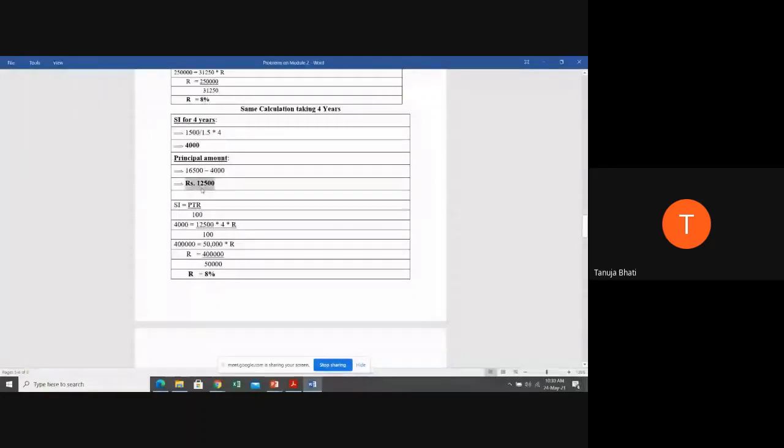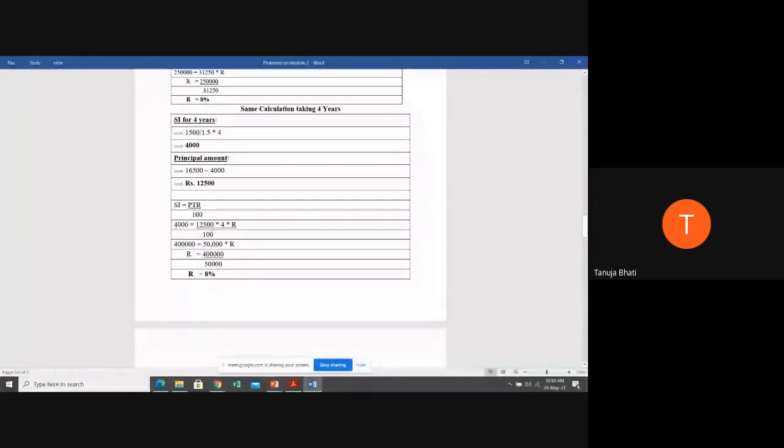12,500. Now, once we know the principal amount and the simple interest, and once we know the time period, we have to just substitute these figures in this particular formula in order to get the rate of interest. Just put all these figures: simple interest 4,000, principal amount 12,500, time period 4 years, and solve this equation.